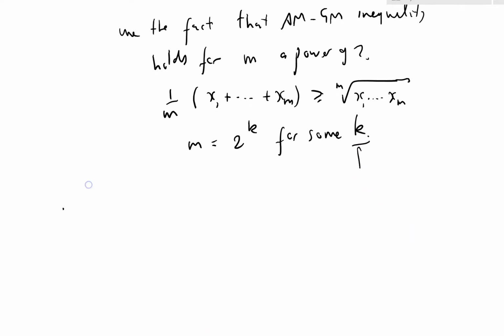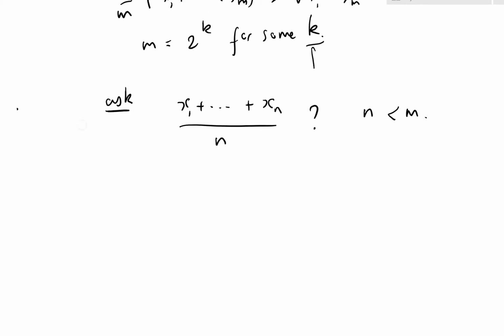So it might hold for m equals 1024 and so forth. But I'm going to ask about what happens for (x1 plus ... plus xn) over n, where n is strictly less than m. And of course, if I can prove it for an n less than m, where m is the next power of 2, then you're laughing.